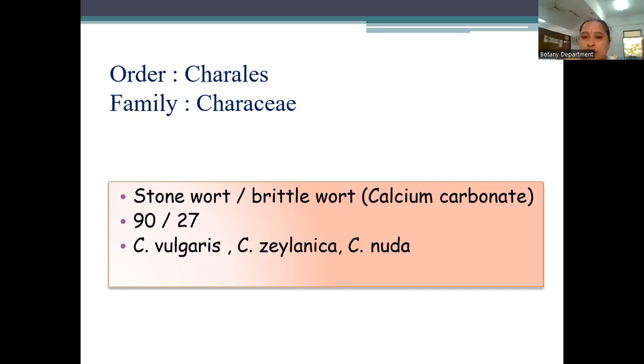The third one in the class Chlorophyceae is a macroscopic algae. You can observe it by direct eye contact. This is the main important character. And what is the common name of Chara? Stonewort.